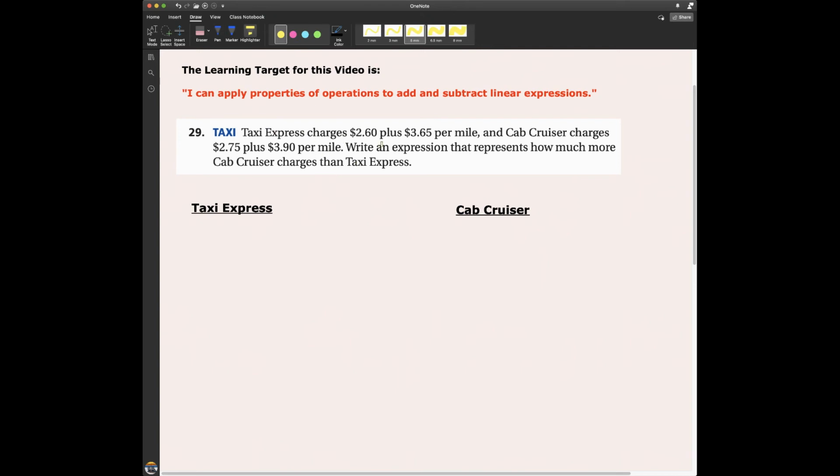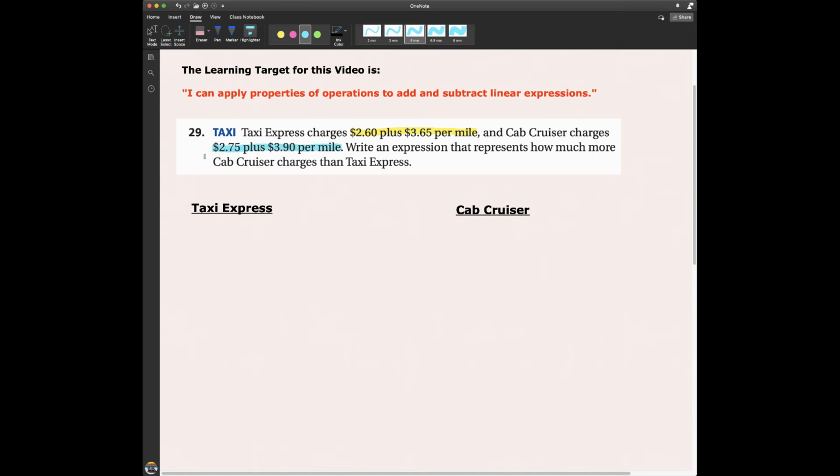Taxi Express, they charge $2.60 plus $3.65 per mile. So if you grab one of their taxis, they'll have a meter and it will do the math to tell you how much you owe them. And this is kind of the formula it uses. The cab cruiser charges $2.75 plus $3.90 per mile.